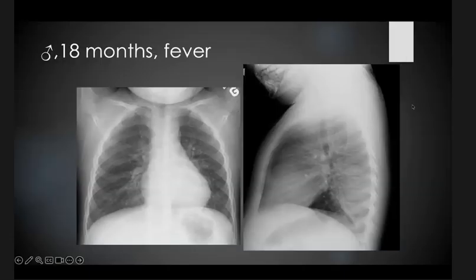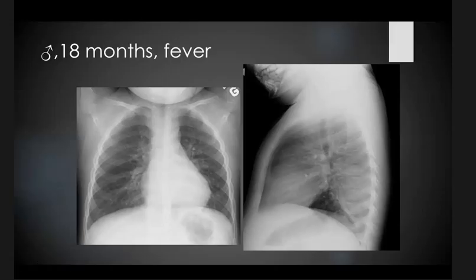So I want you to make your diagnosis in your head, and I will show it to you, okay? So you have to work a little bit, even though I'm talking. It's an 18-month-old boy with fever, no cough.